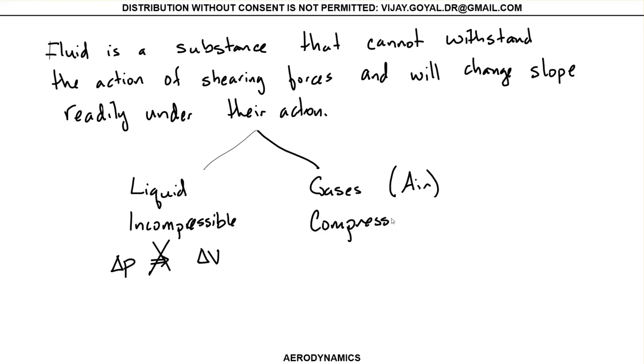And by compressible, we mean that by a change in your delta pressure, you will get a change in volume. Okay, so this is important to understand. And that kind of makes sense, right? Think about water: I can try to compress that water, I can apply some delta pressure to it, but the original volume will be very close to my final volume. There's nowhere the water can go.